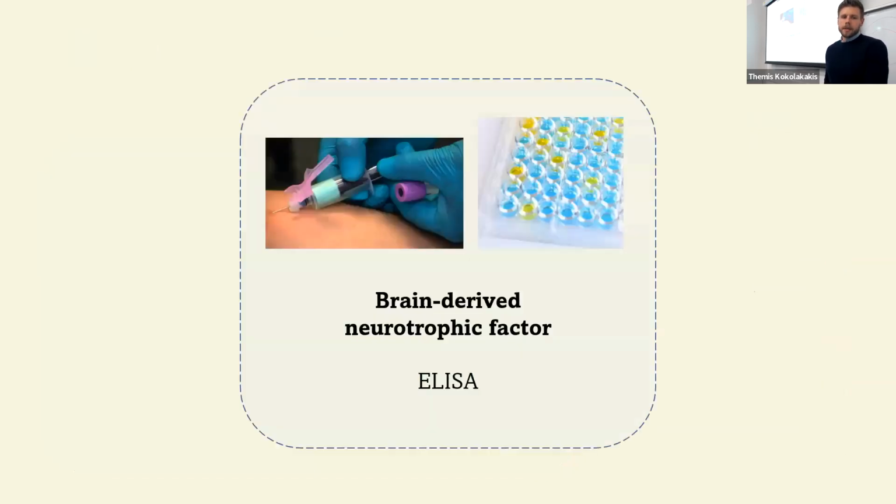We also looked at brain-derived neurotrophic factor, which is a very small protein in the blood. As the name suggests, it originates in the brain, and it is associated with the growth of neurons and the rewiring of the nervous system. It's also sourced in different parts of the body, in the heart, the lungs, and skeletal muscle.